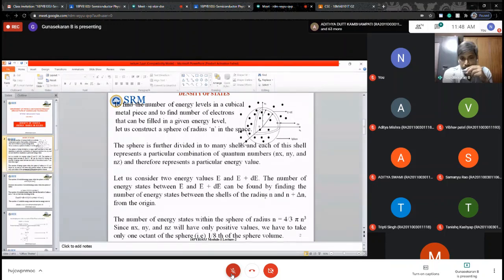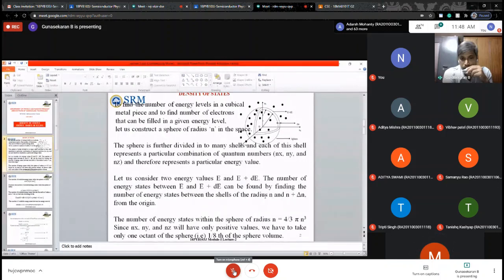The radius of the sphere is nothing but n. That is a distance. Do you understand this? Yes, sir. Okay. So now you clearly understand that E and E plus dE are the two energy levels, n is the radius of the sphere, and what is the distance between the two energy levels here? Delta n.